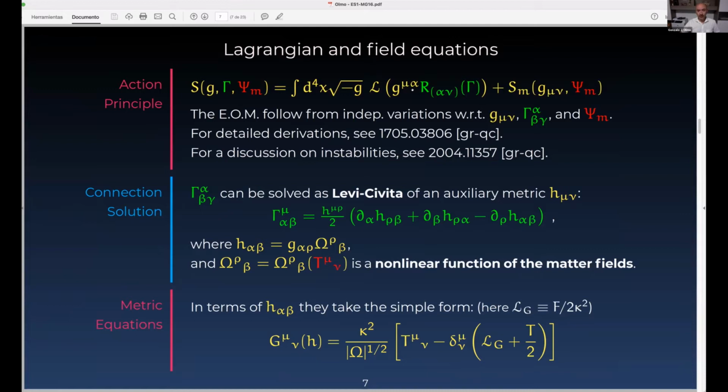The Lagrangian is constructed as a scalar function of traces of this quantity, the contraction of the symmetric Ricci tensor with the inverse metric. The matter action is just written as in general relativity, simply as in metric theories of gravity. Following the equivalence principle, we have the matter fields here in red and the metric. The connection, which is used to define the Ricci tensor and is a priori independent of the metric, does not appear in the matter action.